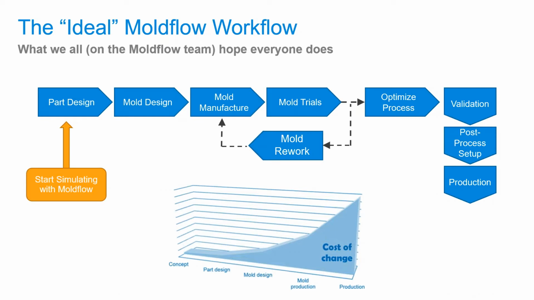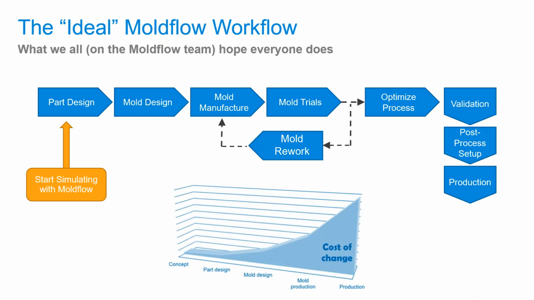Okay, so when we look at Moldflow software, one of the things that we on the Moldflow team always advise is to use the software early in the design process. This is ideally because the software can help to prevent many molding issues before the first cavity is cut. We all know this.